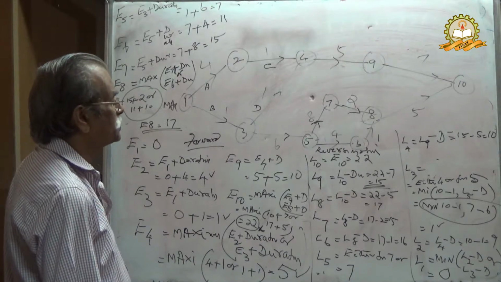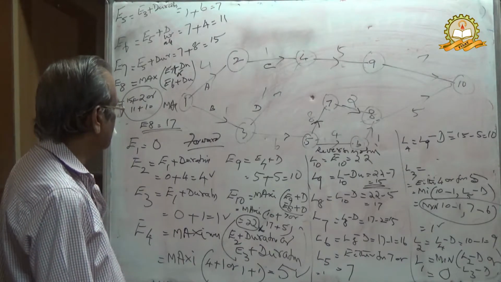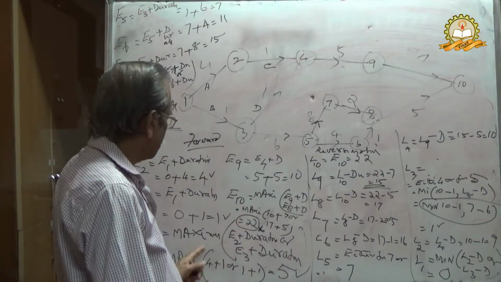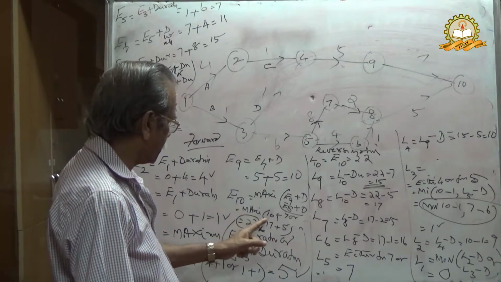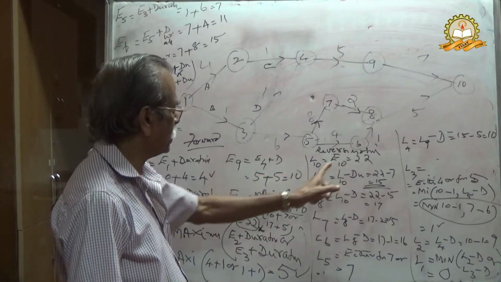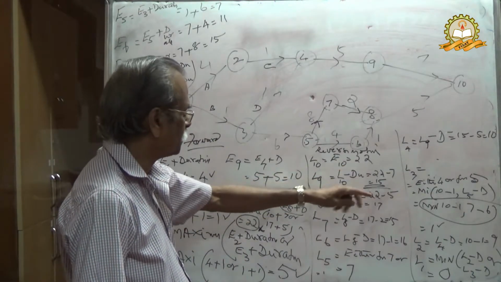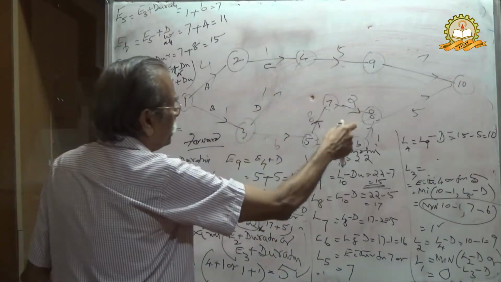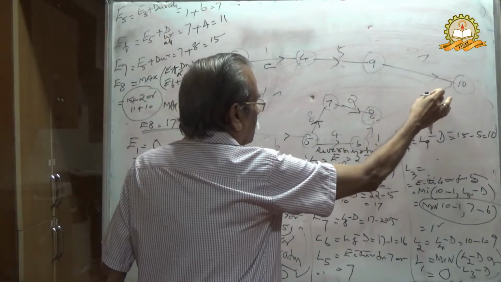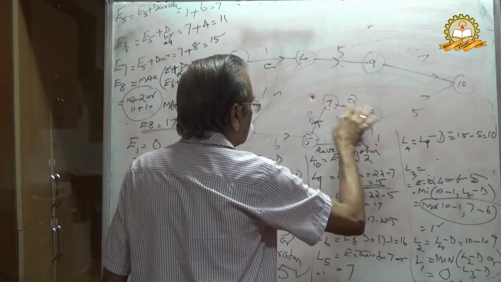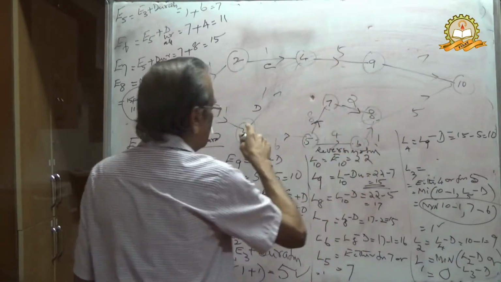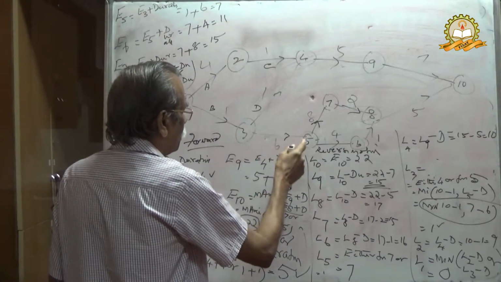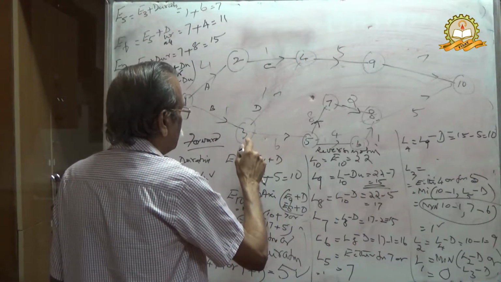TE means time estimates. It starts from E1 equal to 0. Here what is the last number? E10 equal to 22. Therefore we write L10, E10, 10, 22. Then you calculate the reverse process. Only where you have either-or, from 4 or from another, we take minimum.